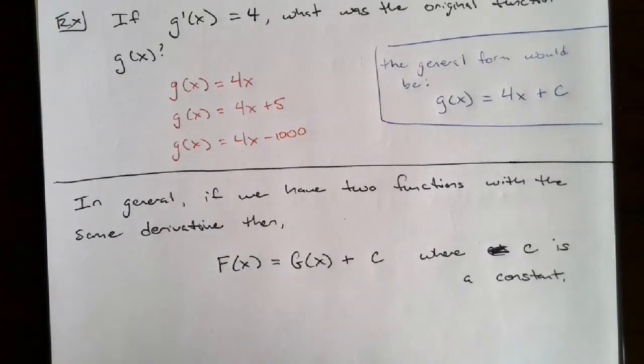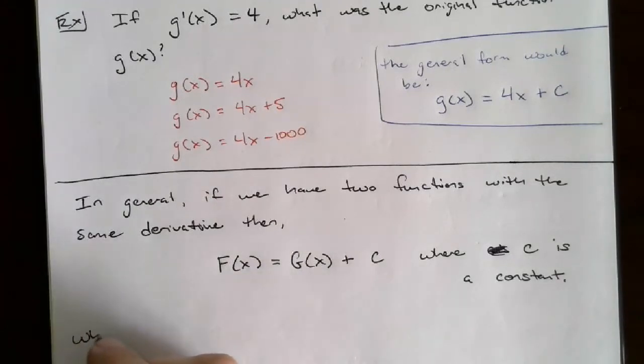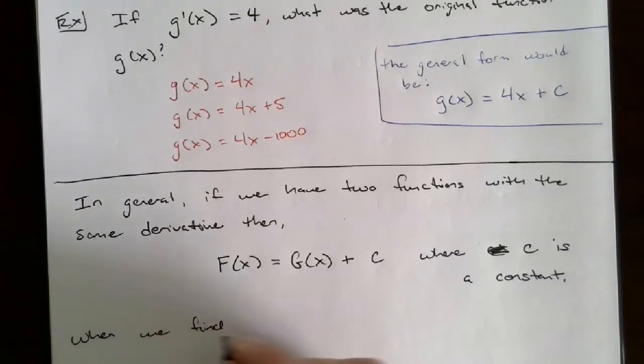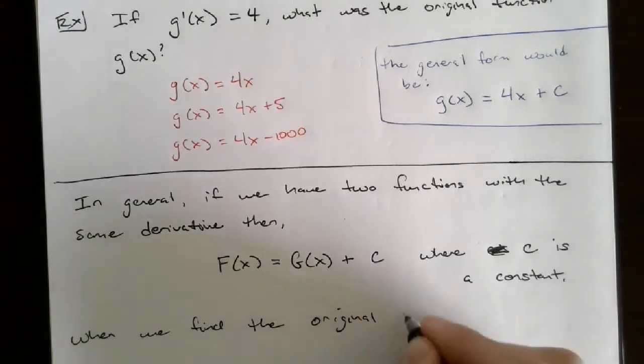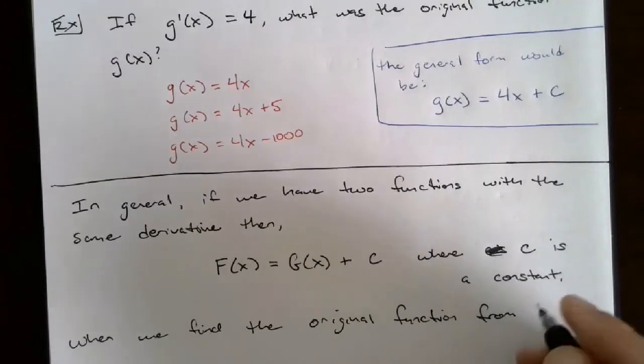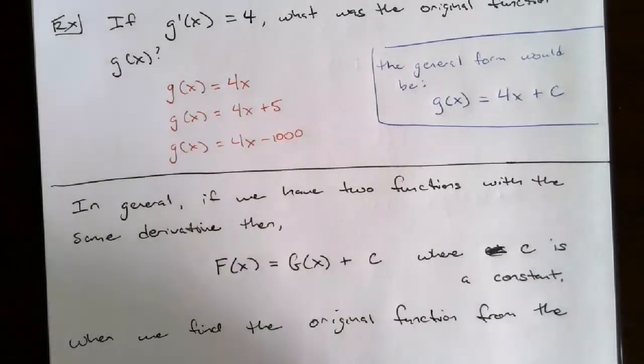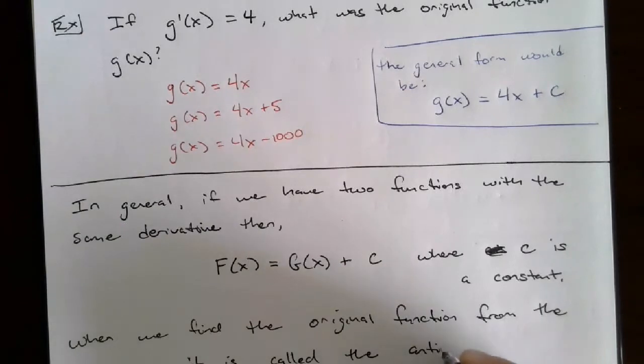And then just for information, when we find the original function from the derivative, it is called the antiderivative.